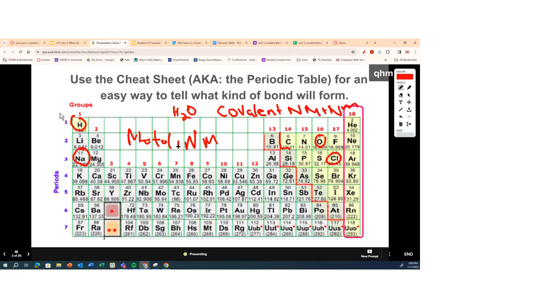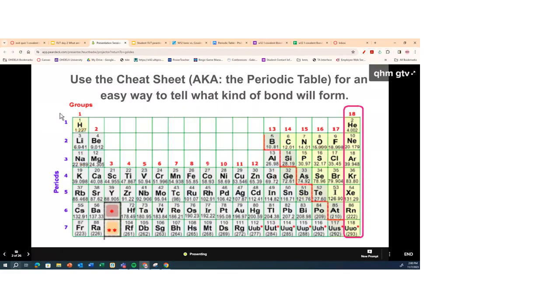Now that's ionic. If they have two different colors, it's ionic; the same color, it's covalent. We haven't talked about two metals, but again, two different colors, like green and yellow, will make it ionic.